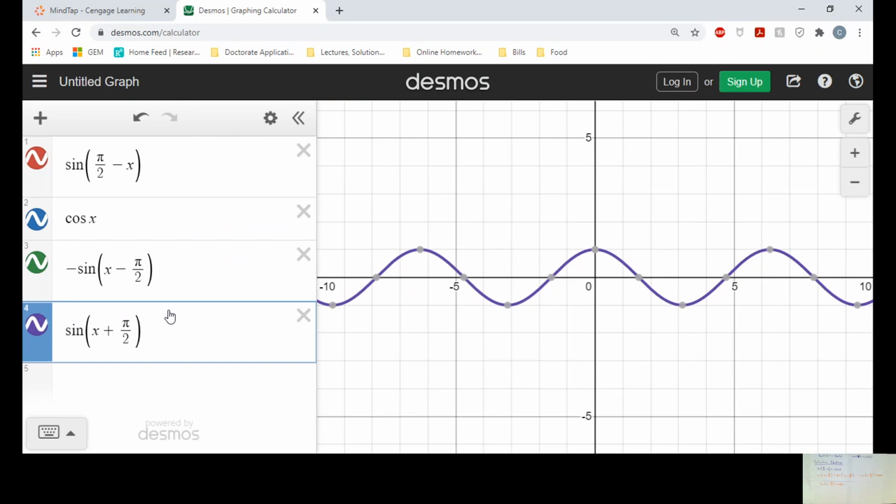What's the point I'm trying to make? That you can do all sorts of different transformations to get these functions to line up with each other because they're already so similar.